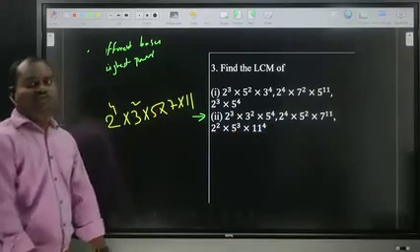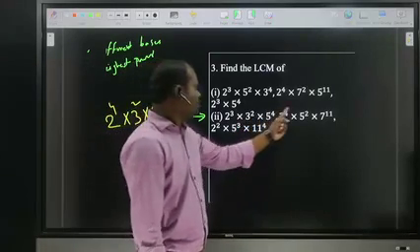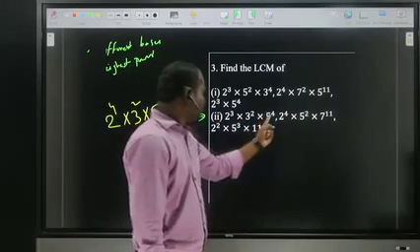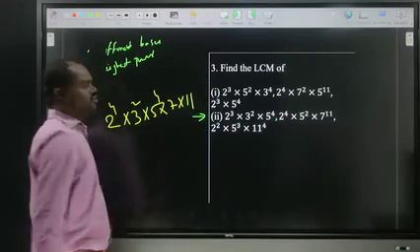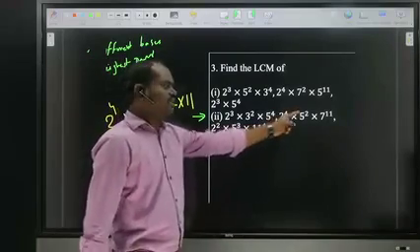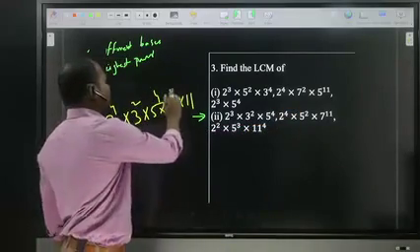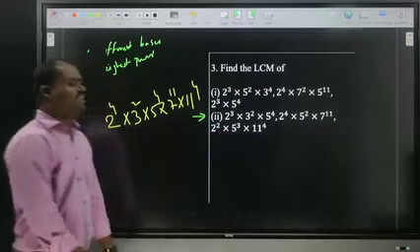For 5, here 4, here 2, here 3. The highest is 4. For 7, it is only there, that is 11. For 11, only here, that is 4.